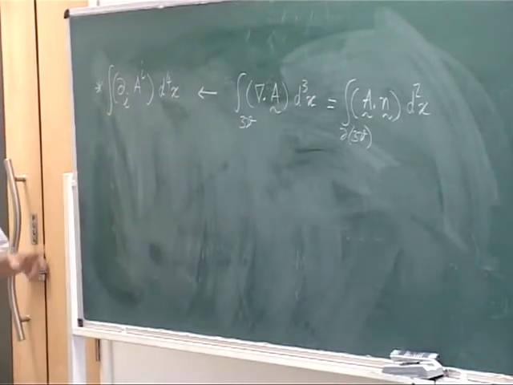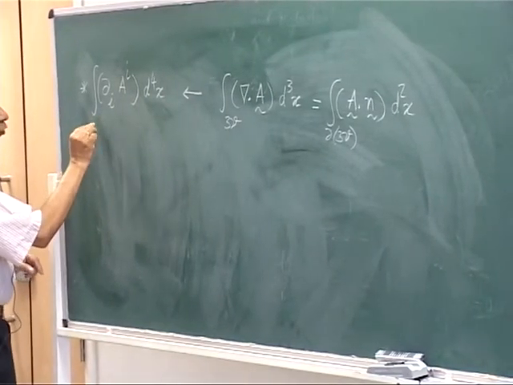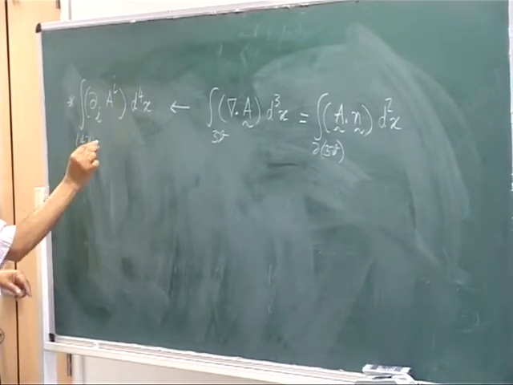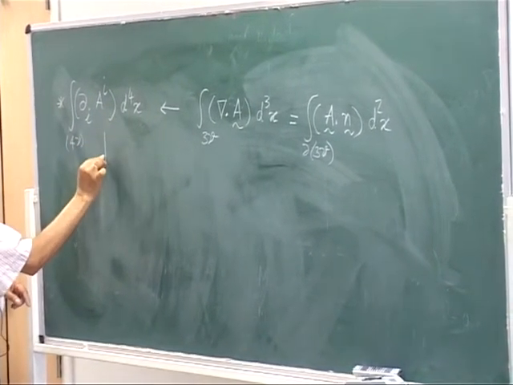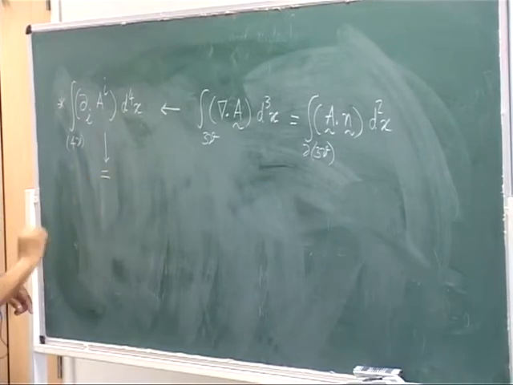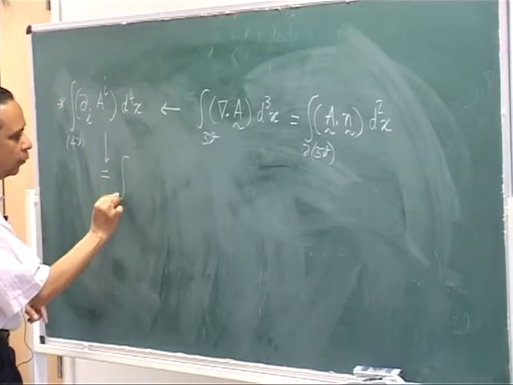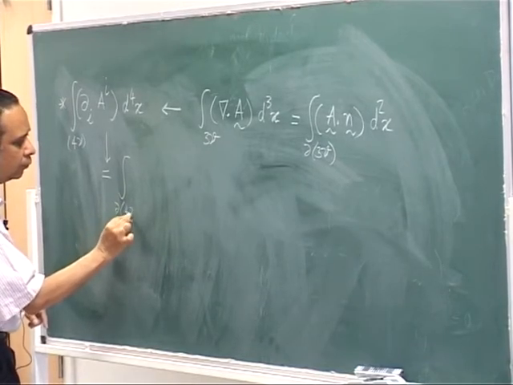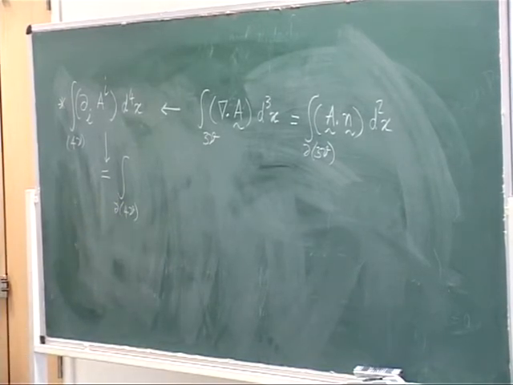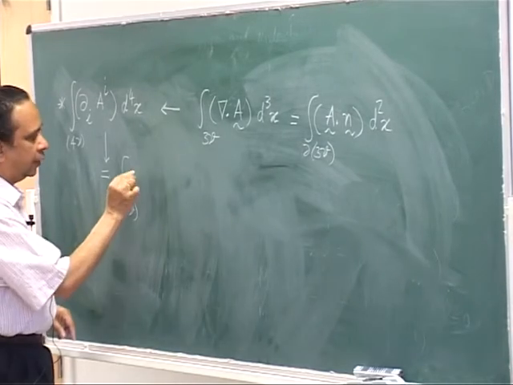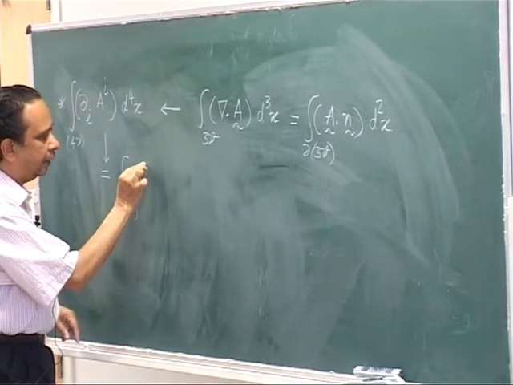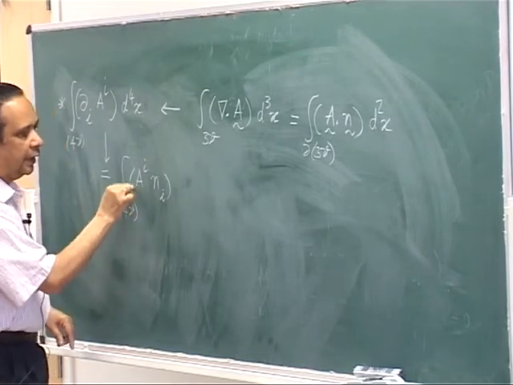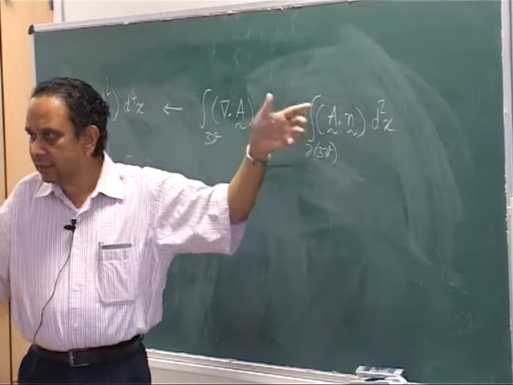Okay. Here we are doing that integral over a 4 volume. So, the result of that will be an integral over the boundary of that 4 volume of ai ni. a dot n is just ai ni.